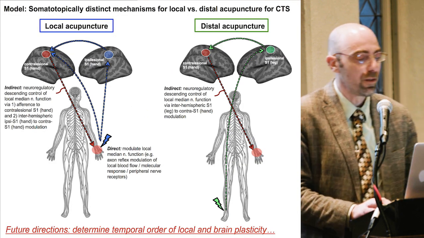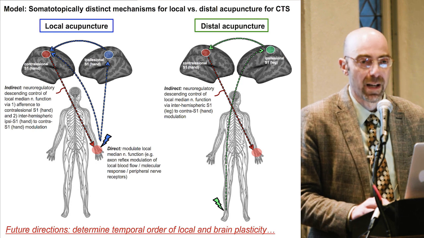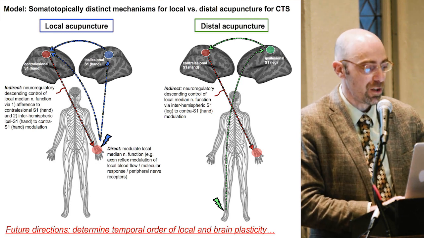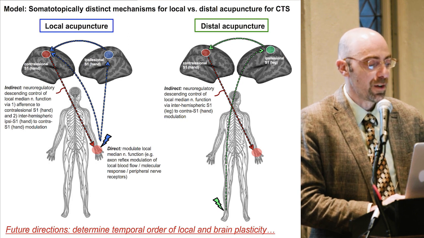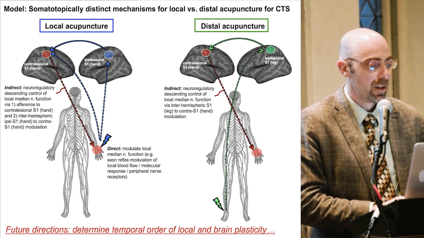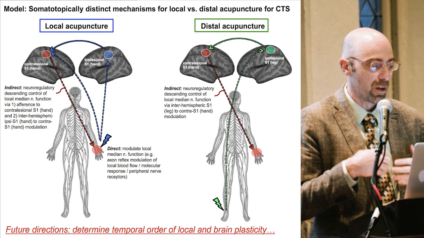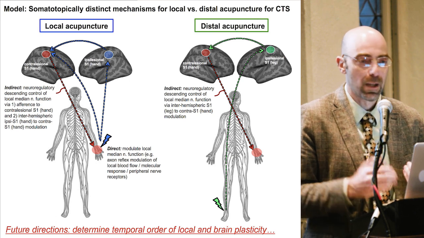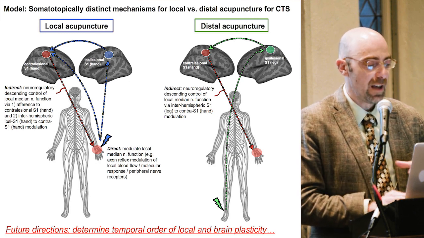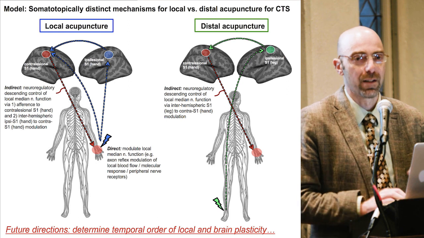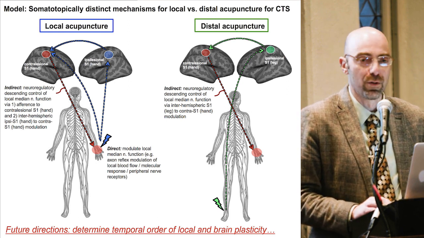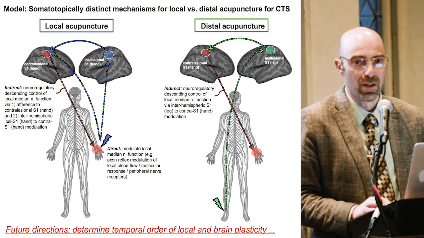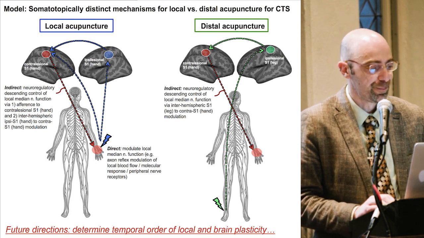So our model is that while the local acupuncture might have effects both locally, by changing, say, the blood flow parameters at the wrist itself, there's also potentially indirect effects through the brain. The fact that we're stimulating, especially with electroacupuncture, is changing the afferents, or the nerve traffic that's going up the nerve into the brain, and that could very well be working to remap these separation distances in this homunculus in the brain.